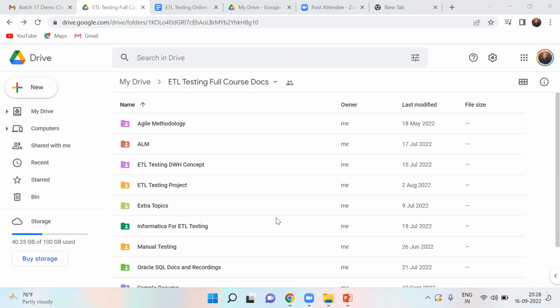Sindhuja, Priya, I'll take care of the documentation. No need to worry about that. My team will help you with your documentation, your BGB part, and whatever documents are required to place you in a company.